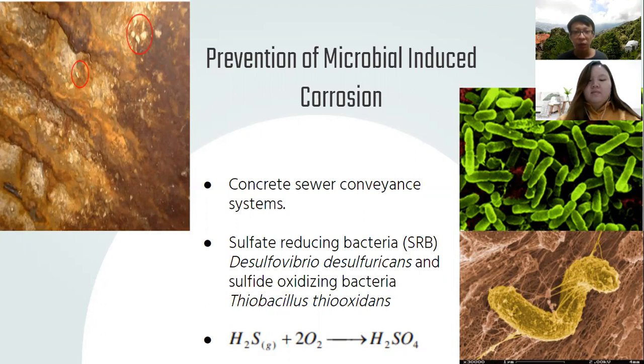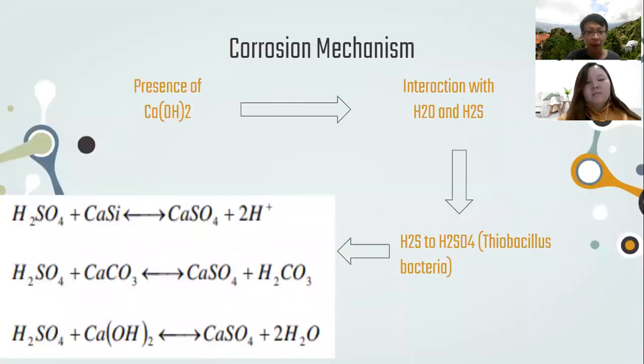In the civil sewer system, there will always be microbial-induced corrosion, as there are a lot of bacteria, and among them there are two kinds of bacteria that produce sulfuric acid: sulfate reducing bacteria and sulfate oxidizing bacteria. Initially, the pipe is covered with a Ca(OH)2 layer, which makes the pH of the pipe slightly alkaline.